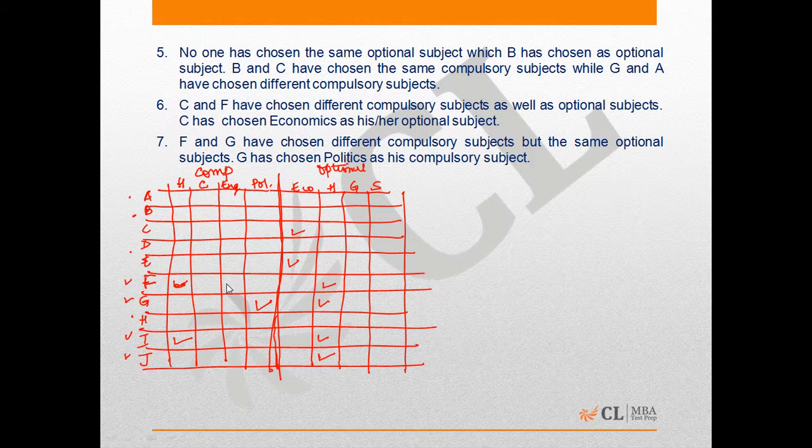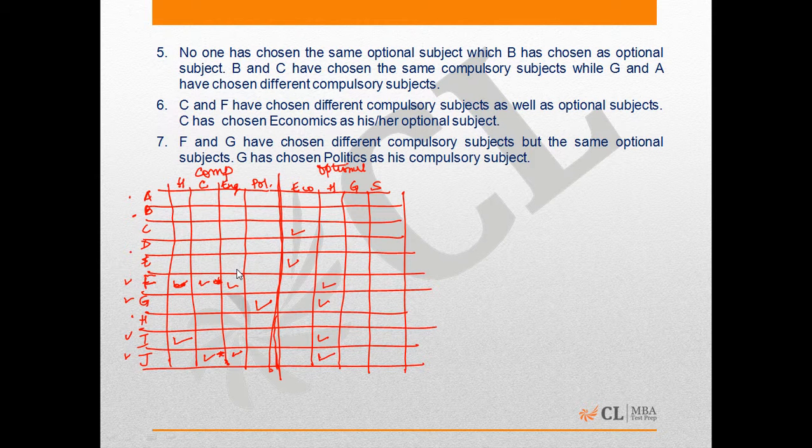F and J would have chosen chemistry or English, right? So if this is chemistry, this is English, or if this is English, this is chemistry. So let's put an asterisk so that we remember that one of these is going to be chosen.